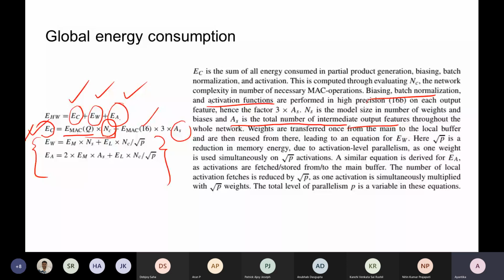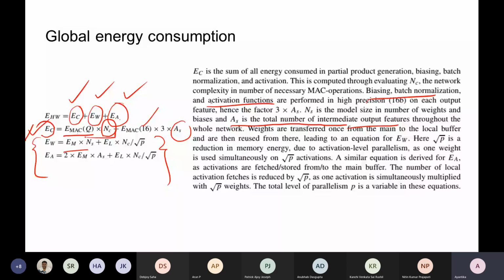When we talk about fetching weights or fetching or storing activation values, that is the energy related to memory. EM into NS, how many times you are doing it, that is the number of times you are accessing the memory, plus this EL.